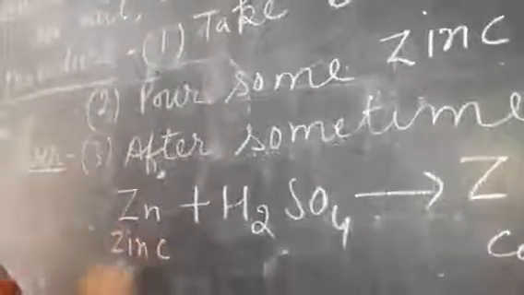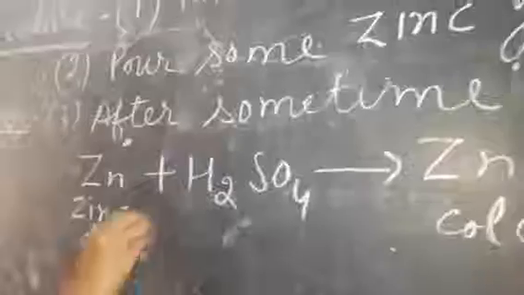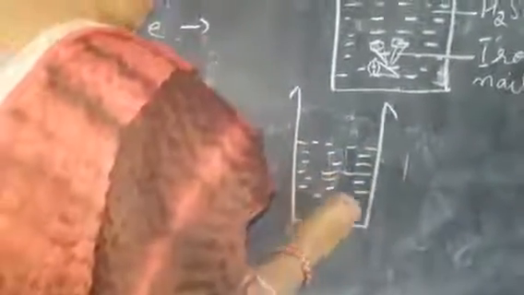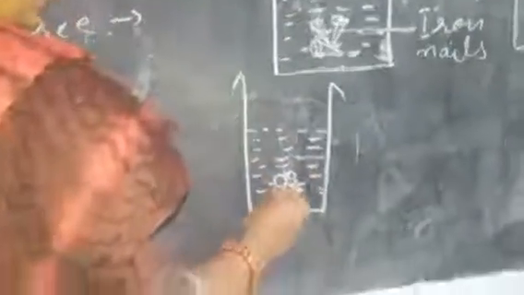Okay, so this is zinc granules. It reacts with sulfuric acid, then zinc sulfate, a colorless liquid, we will obtain, and hydrogen gas is evolved in that case, like this. You will also draw a neat and clean diagram on your notebook or practical as you wish, and learn these experiments also.